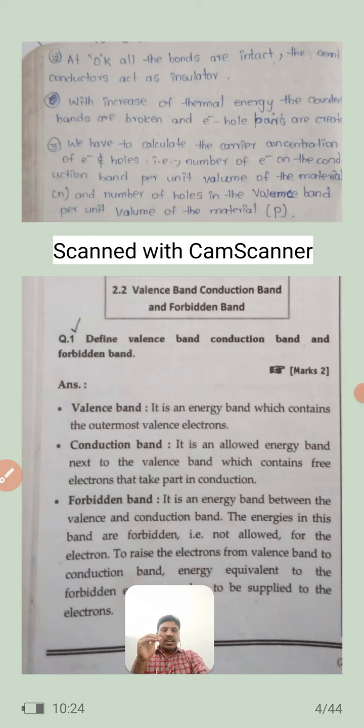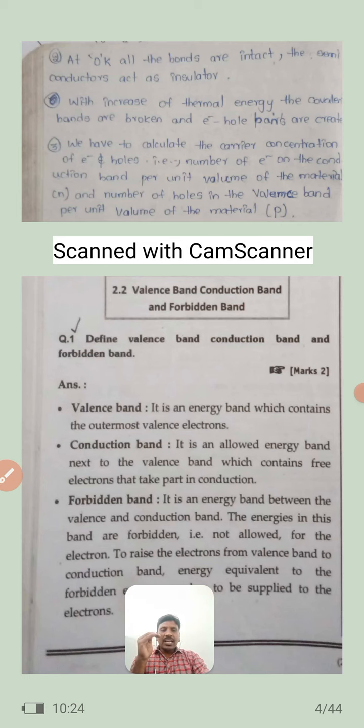The valency band is an energy band which contains the outermost valency electrons. The conduction band is an allowed energy band next to the valency band, so after the valency band we get the conduction band. Now, what is meant by the forbidden gap?